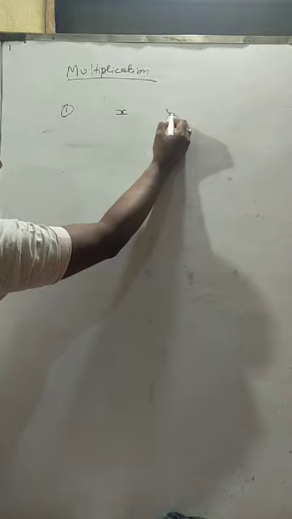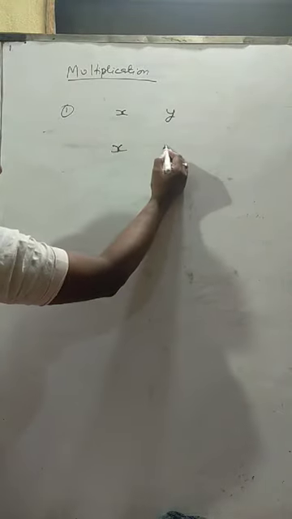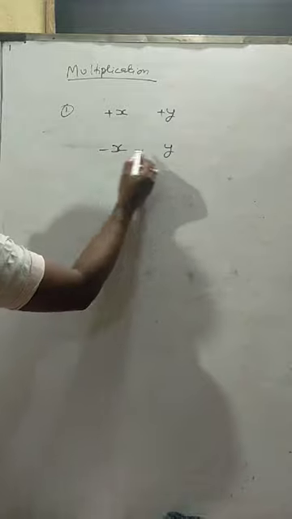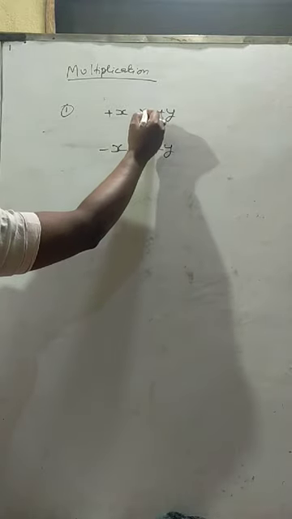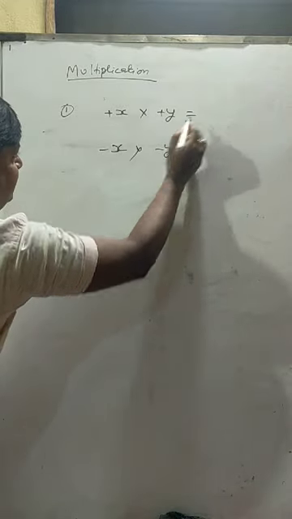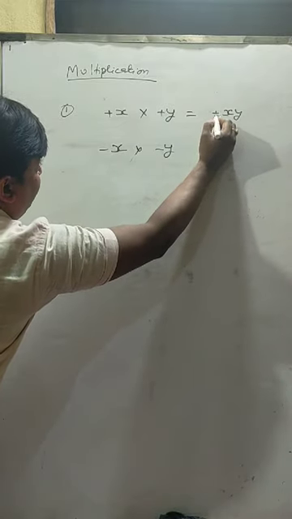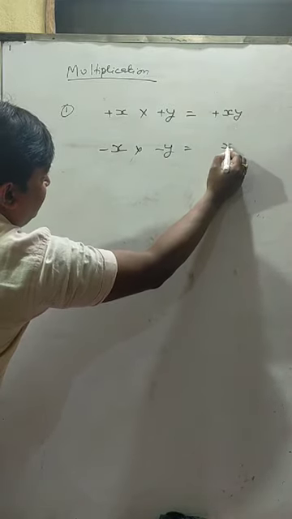Suppose this is x and this is y. Again this is x and this is y. Here both x and y are positive. Here both x and y are negative. If we multiply these, the result is xy, which is positive. Here also the result is xy, which is positive.